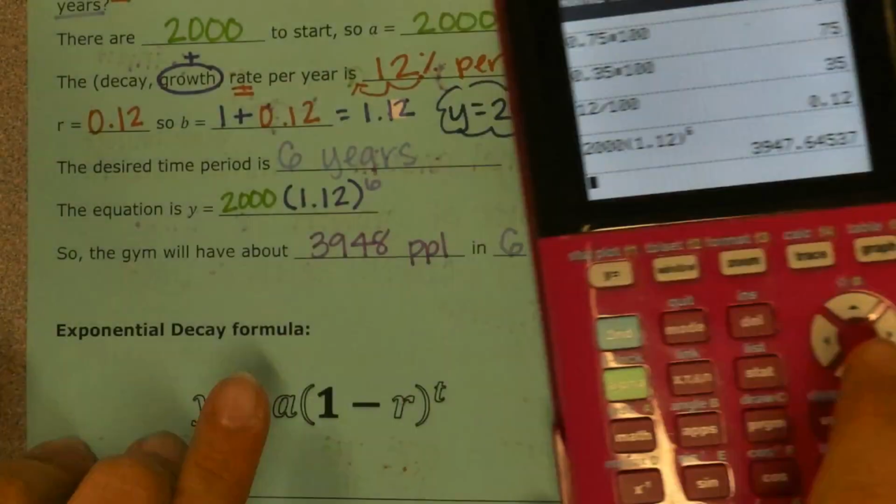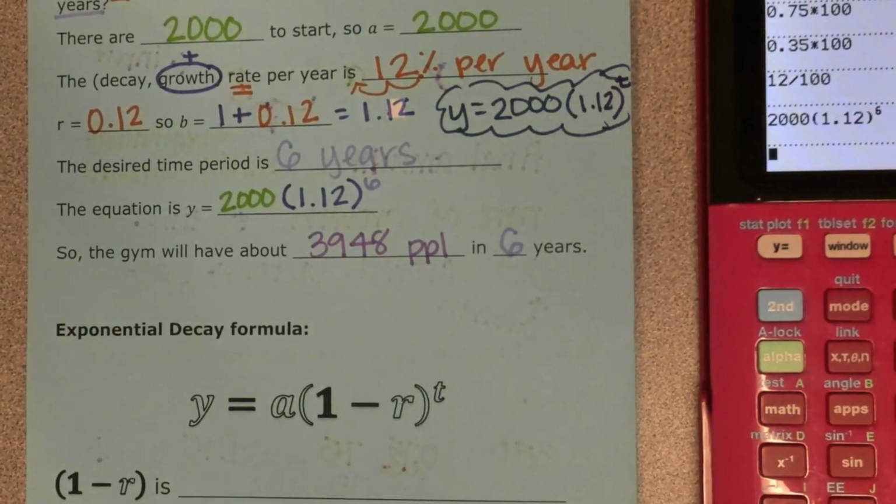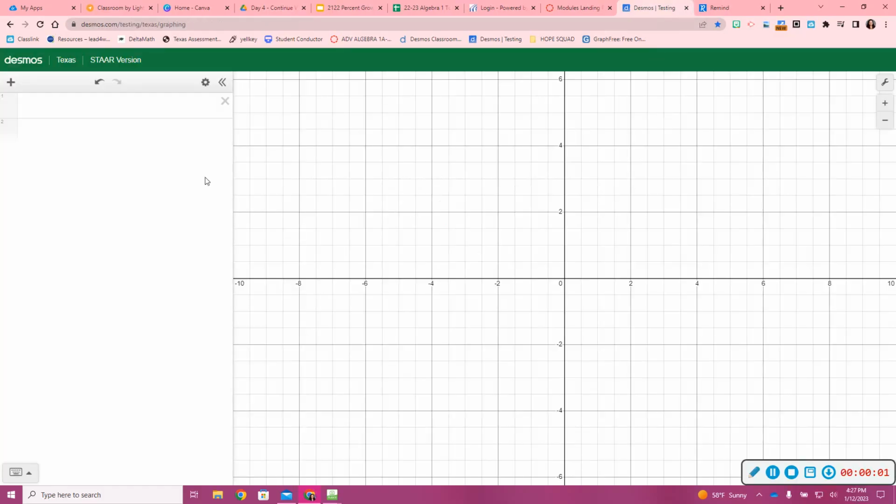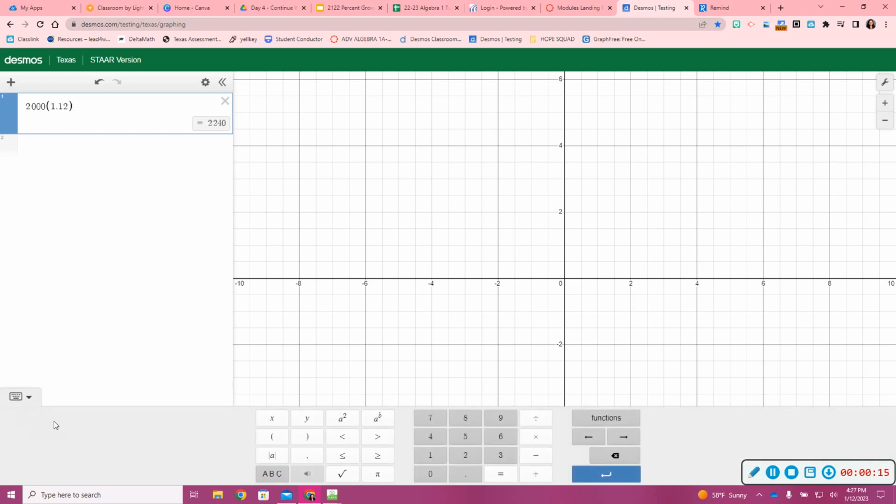If you don't have a calculator like this to do all your fancy stuff with, you can always do it on Desmos. Let me show you. All right, in Desmos, you would do the exact same thing we did on the calculator, so 2,000, parentheses, 1.12, close your parentheses. Remember, you can do the caret key on your keyboard or on this Desmos keyboard, this key right here.